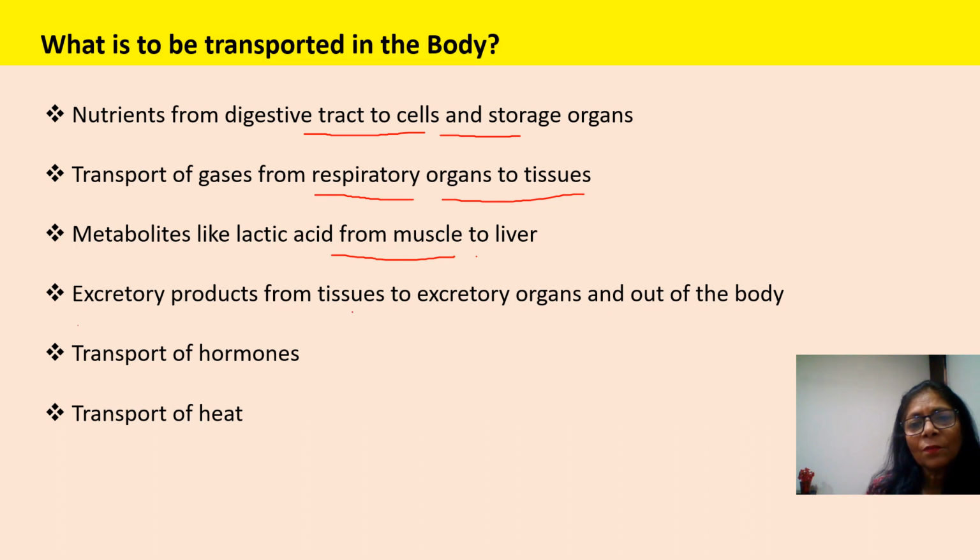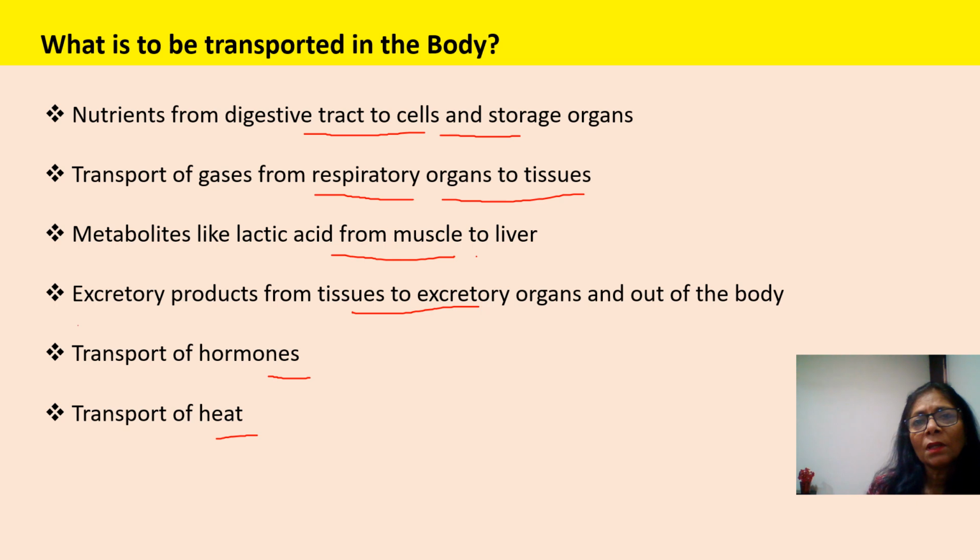Then we have various other excretory products which are formed in the body, and we'll be studying this in my next video, part 4 of chapter 6. Then we have hormones, which are chemicals synthesized at particular sites and then sent to the place of action. So they need to be transported. Then we have heat.